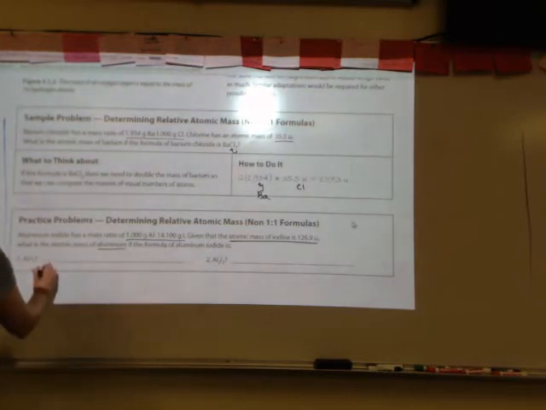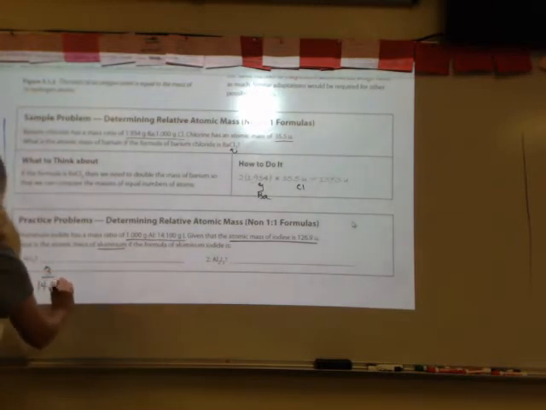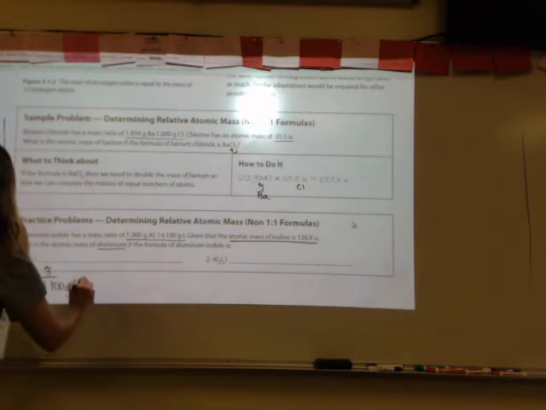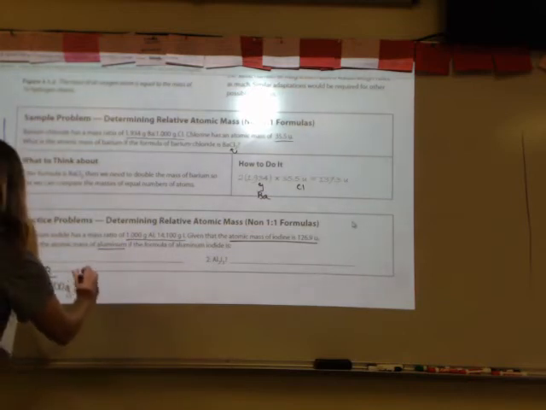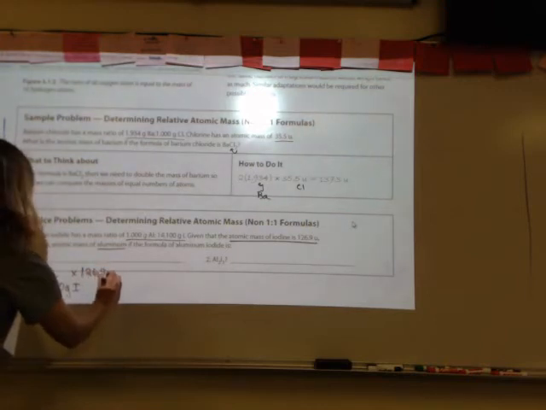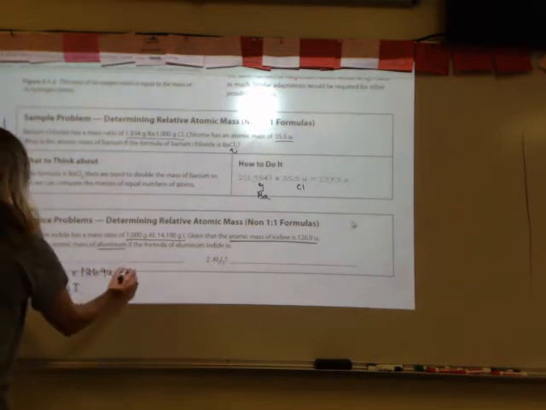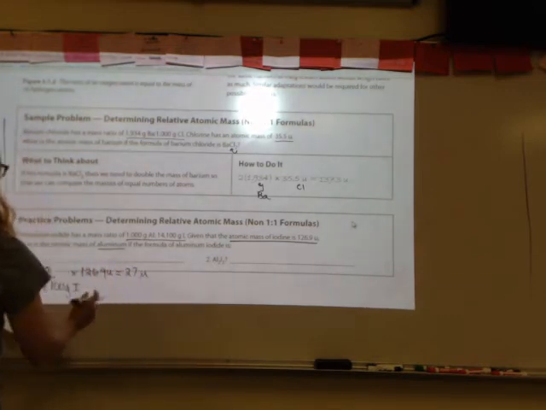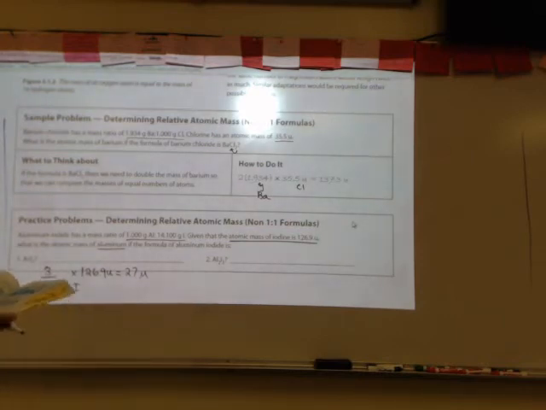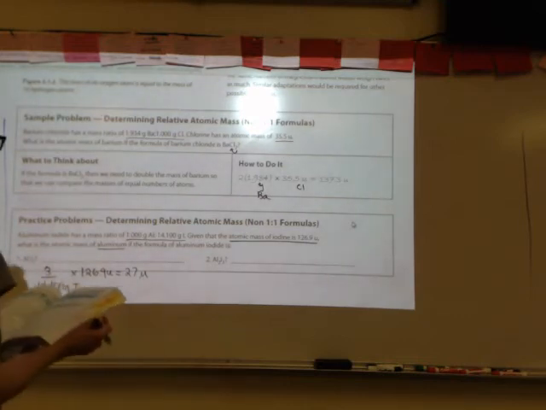I'm going to take my 3 iodine over 14.100 grams of iodine, and I'm just going to simplify that so it's equivalent to what I have, and then I'm going to multiply that by 126.9, which is going to give me 27 atomic mass units for aluminum. So I simplified how many iodine would be equivalent to 1 aluminum here.